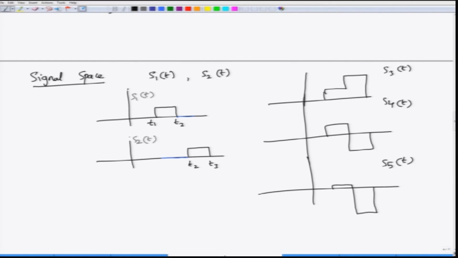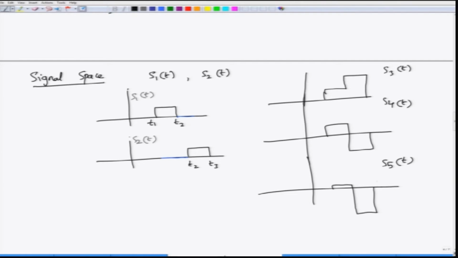In this case, S2 of t has been multiplied by some larger number and then added to S1 of t. Here S2 of t has been multiplied by -1 and added to S1 of t. Here S1 of t has been shrunk, whereas S2 of t has been expanded in the reverse direction, that is by multiplying it by minus of a large quantity.